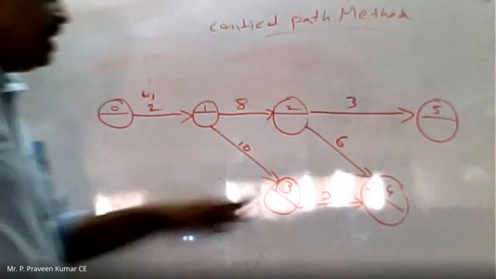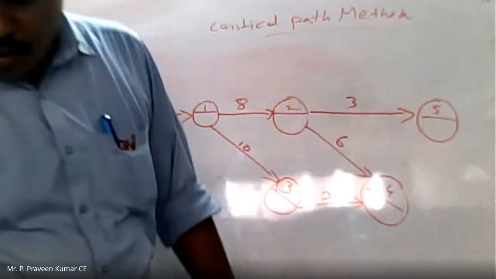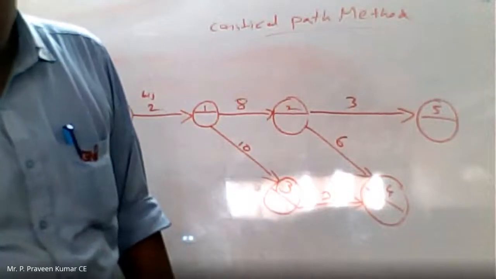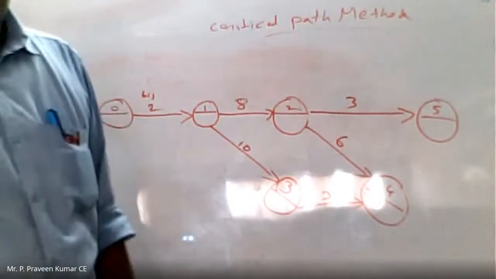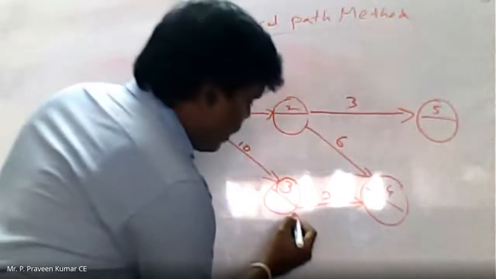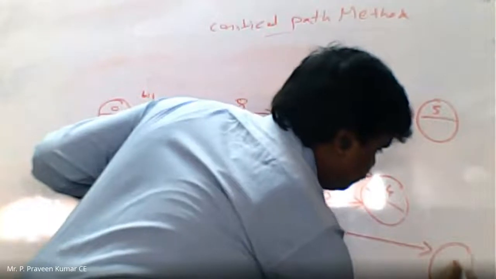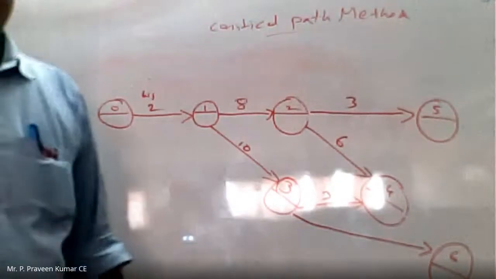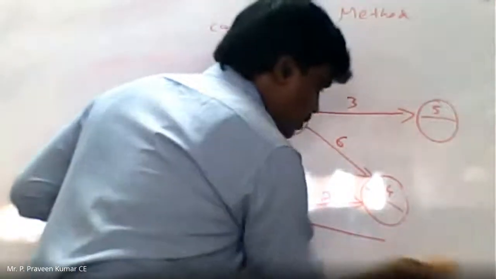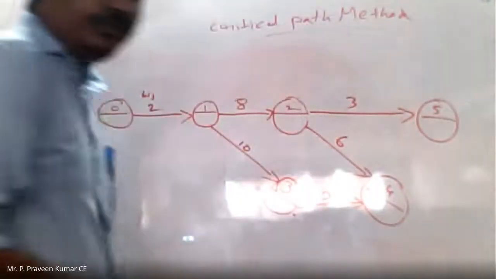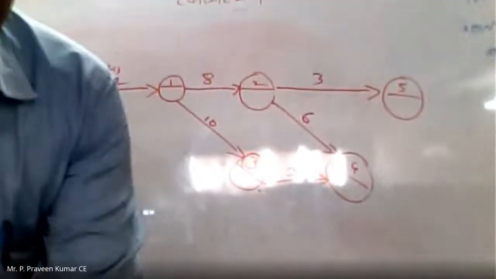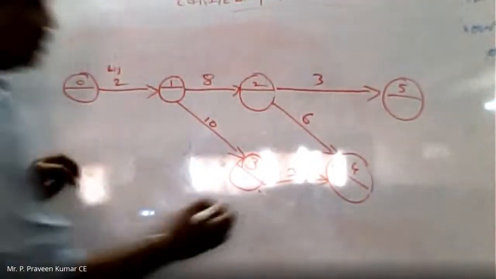Now up to 3 to 4 activity is over. Now coming to the 3 to 6 activity. For 3 to 6, from here I can draw to 6.